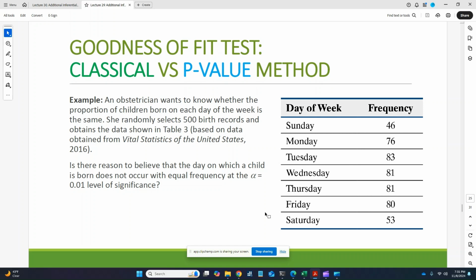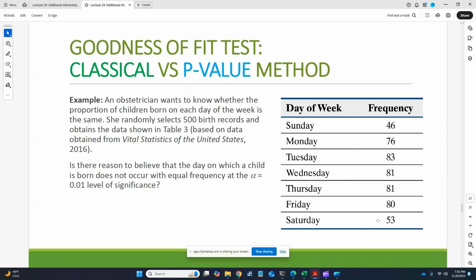Do we have a reason to believe that the day on which a child is born does not occur with equal frequency? Ideally, we would expect a 1 out of 7 chance for each of the 7 days a week. But as you can see, the observed dataset shows that more children are born on Wednesdays, Tuesdays, and Thursdays.